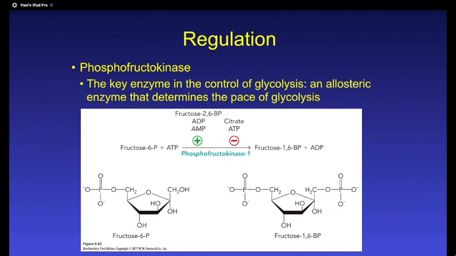All right? The next type that we talk about is something called an allosteric regulator. Okay? And allosteric effectors can be either stimulatory or inhibitory. And so sometimes we make them go faster, sometimes we make them go slower. Now, remember, an enzyme is a protein, and it has a pocket where the substrates bind. Okay? And where the substrates bind is the active site, where the reaction actually happens.